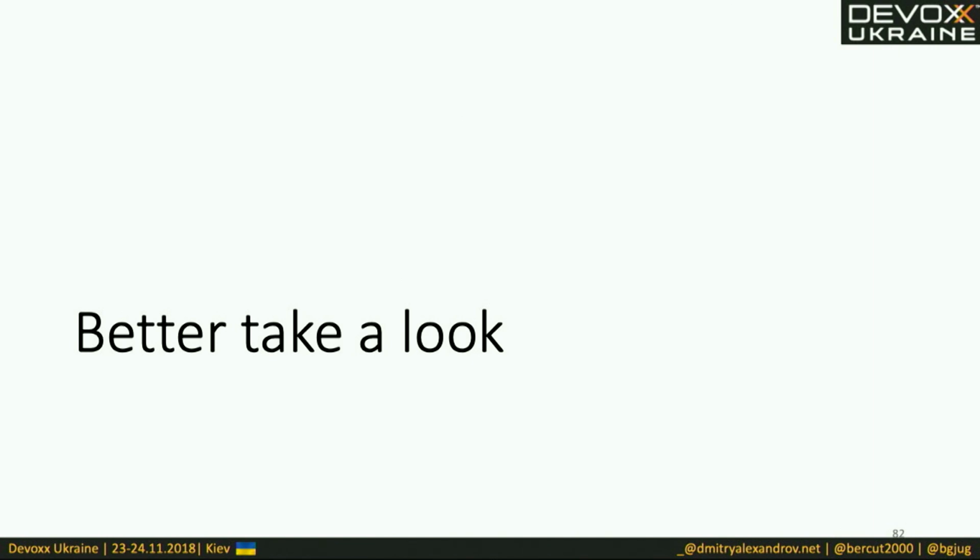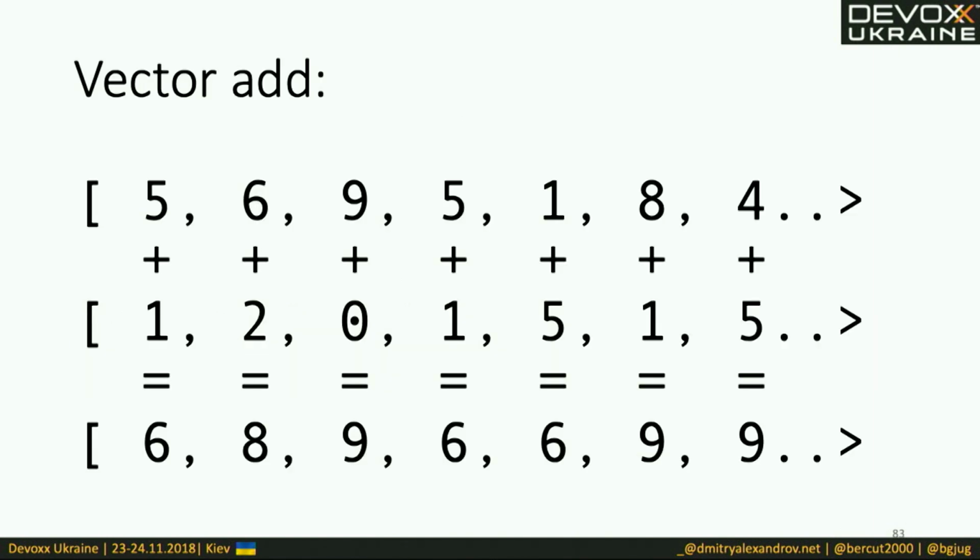Of course, better to take a look. For this example, I will use something called vector add. How many of you have heard what vector add is? Okay, so I have to explain it. You have two arrays, two vectors, and we make an add operation over them. We take element 1 from array 1, element 1 from array 2, and write the sum to array 3.